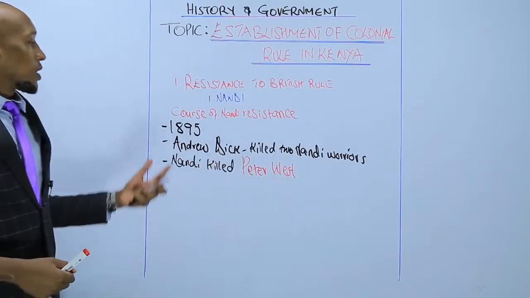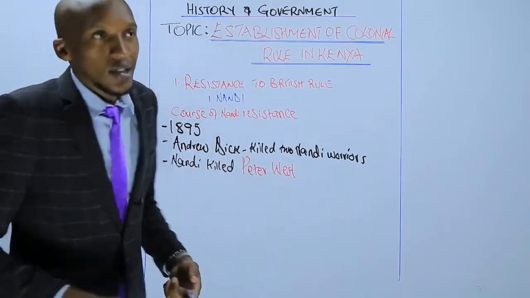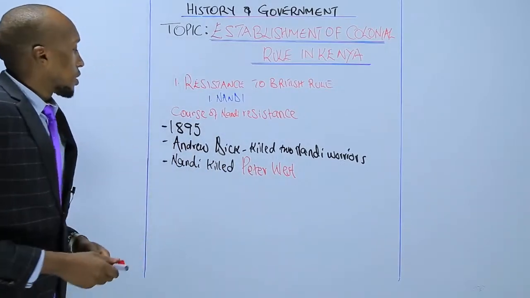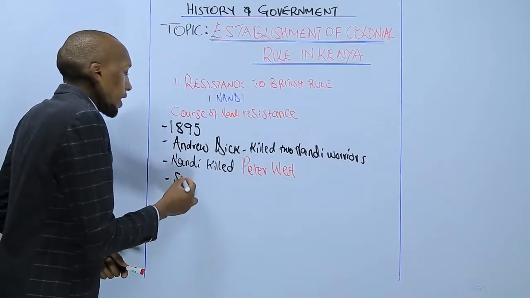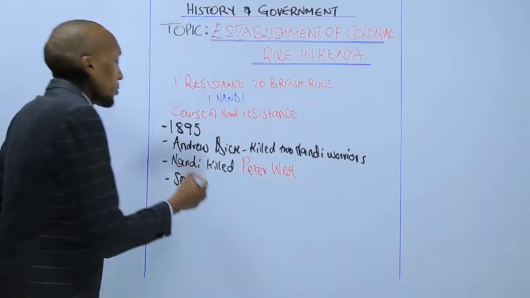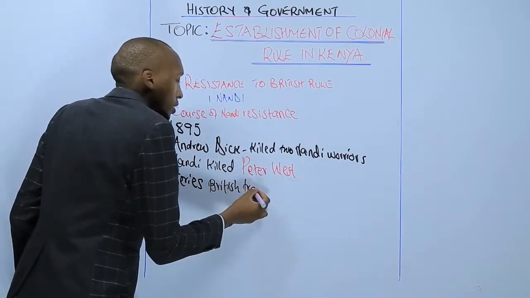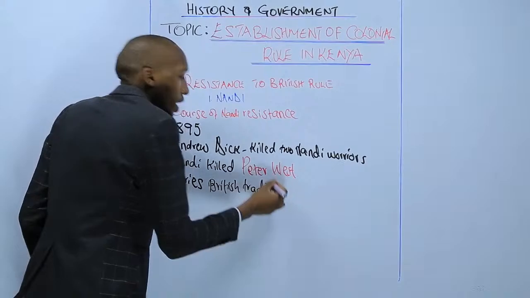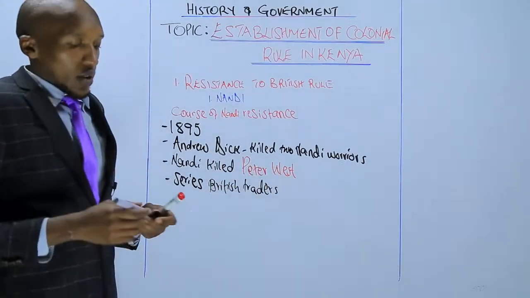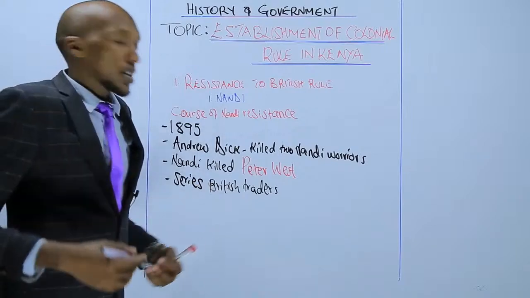Immediately after that, the Nandi also continued with a series of attacks on the British traders. So there was a series of attacks. They constantly attacked the British traders who were coming from the coast as they went towards Uganda, engaging in trade.